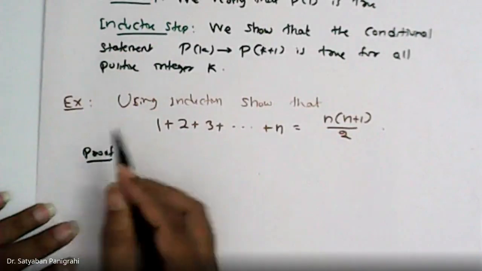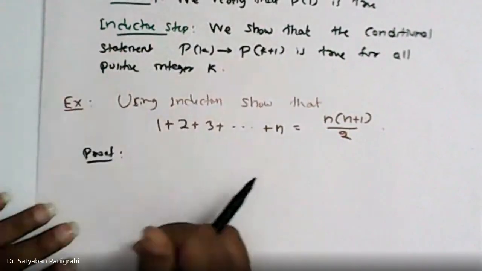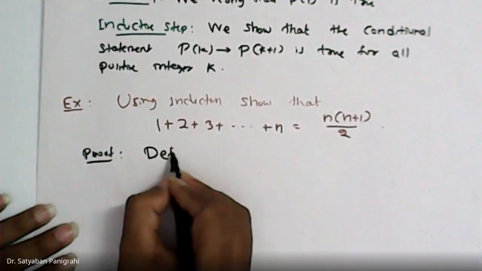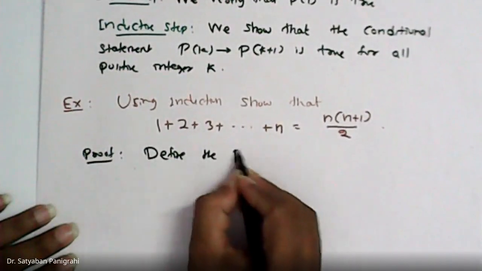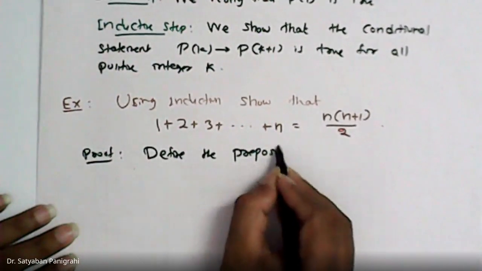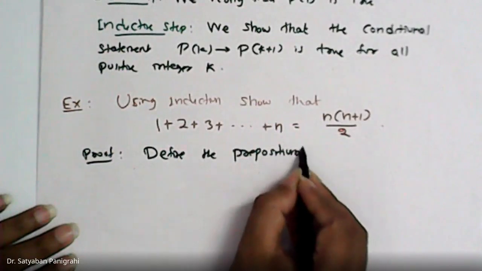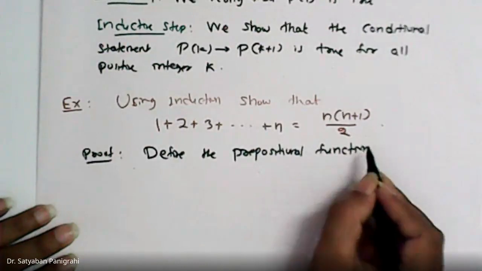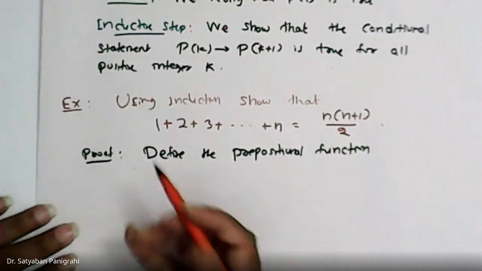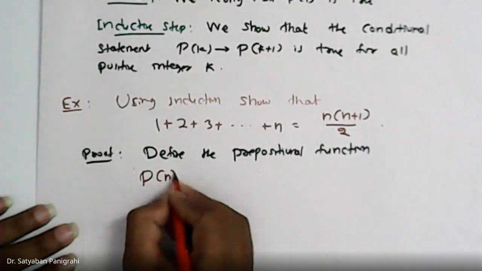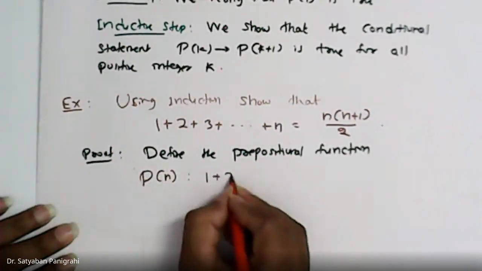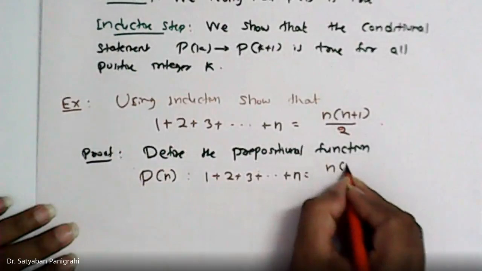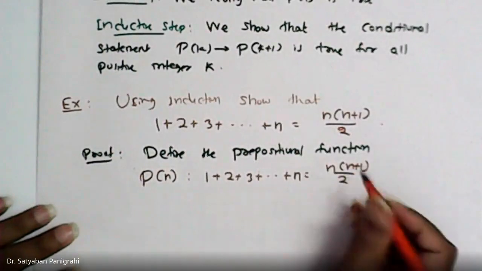So, for that one, using mathematical induction, our first work is to define the propositional function. Look here, we simply define the propositional function Pn as 1 plus 2 plus 3 plus up to n equal to n into n plus 1 by 2.